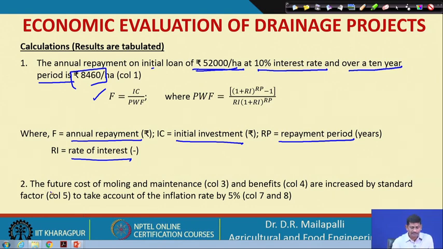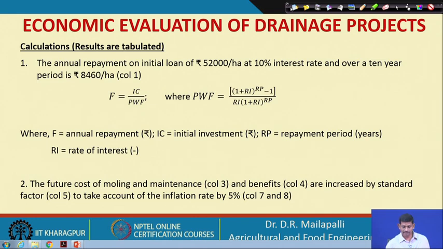Now the future cost of molding and maintenance. I am going to show you the table, because all the analysis was done in an Excel file. Let us see it column by column.